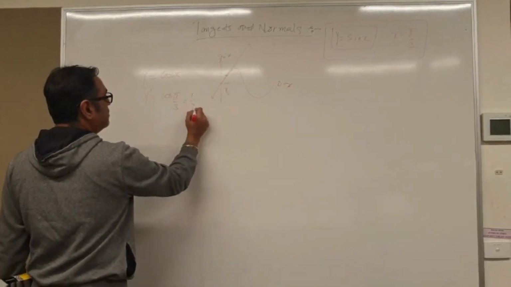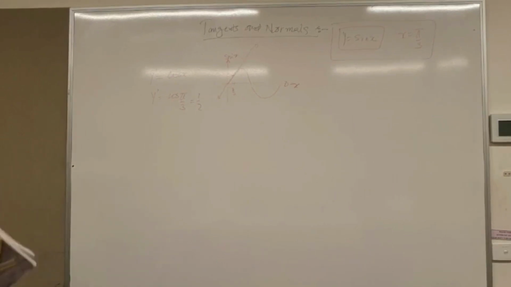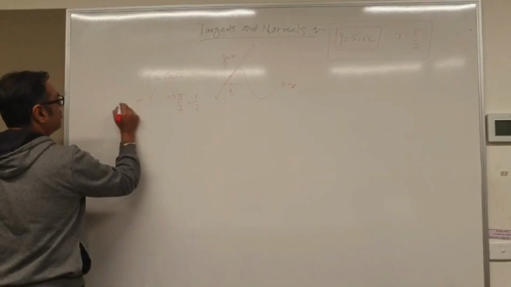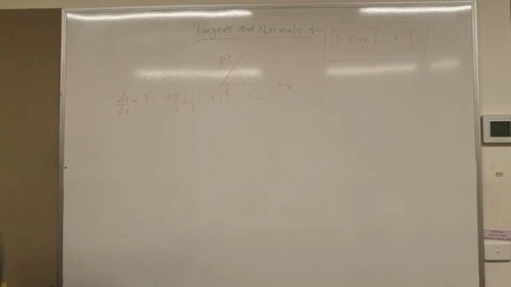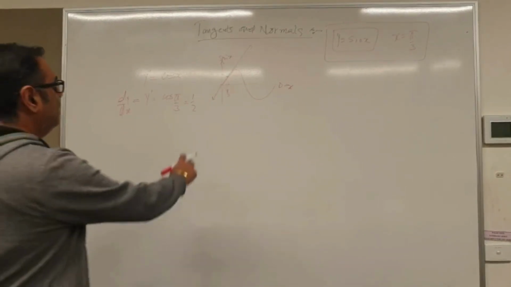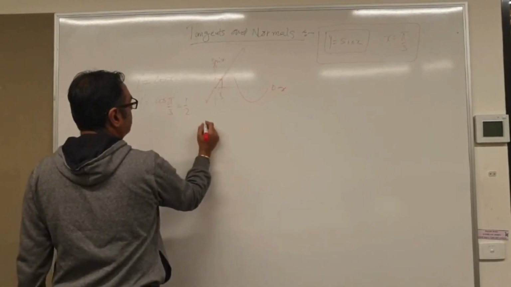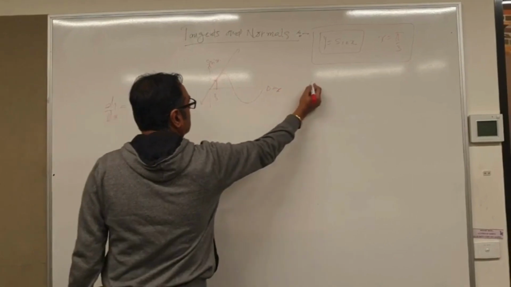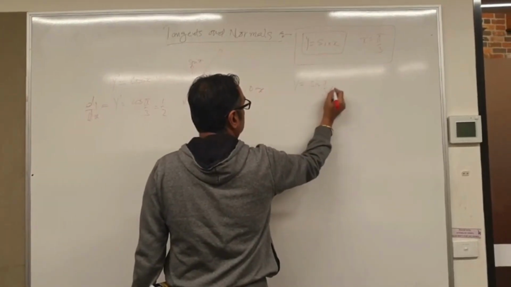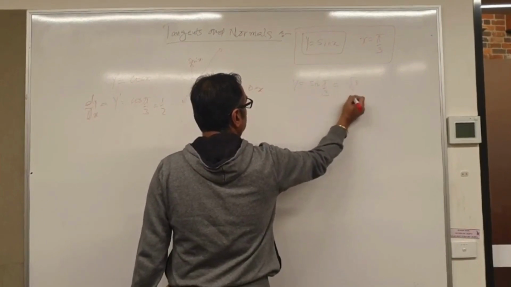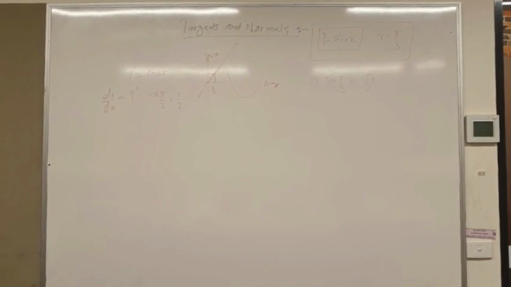Right? Yes or no? Correct? So my y dash, or my dy by dx, or my slope is a half. Rest is easy. Now we also plug in, let's find the y value here. So if you find the function y equals sine pi by 3, what do you get, Romeo? Root 3 over 2? Yeah.